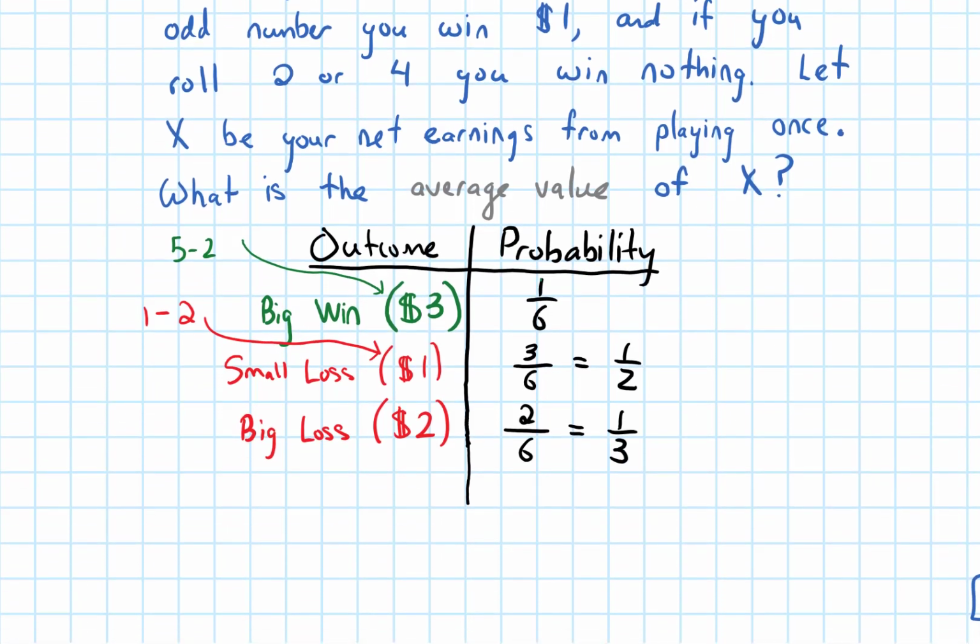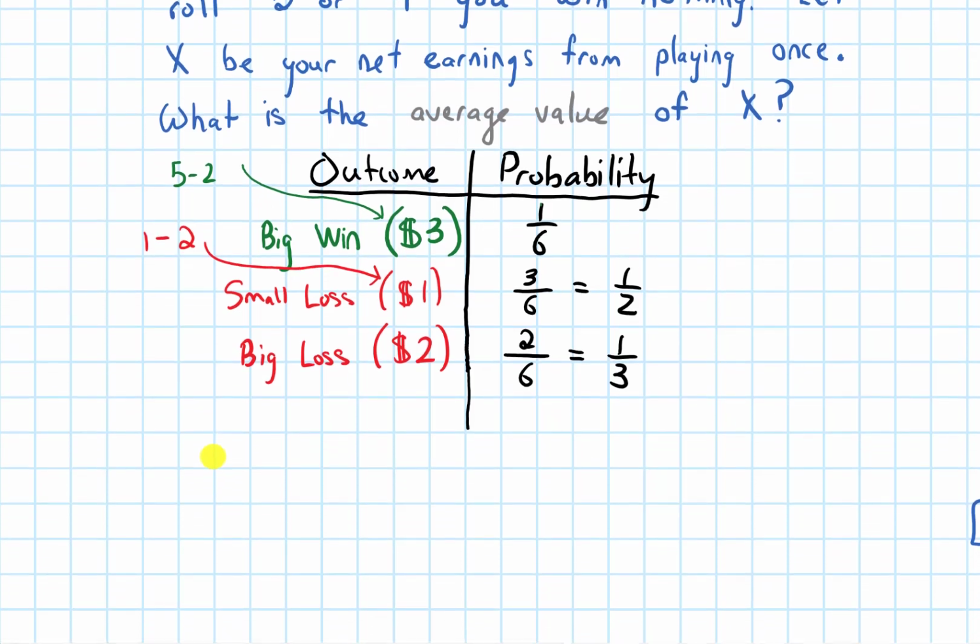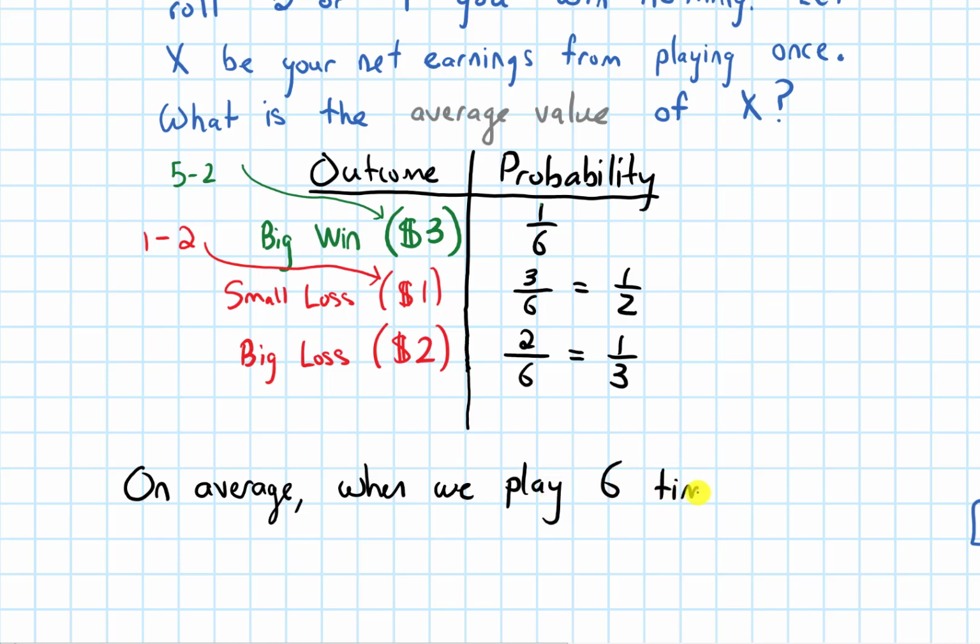Let's use this table of values now to get a feel for what the average value of our net earnings is. One thing that we can say is when we play 6 times, we expect that we're going to follow these probabilities fairly closely.